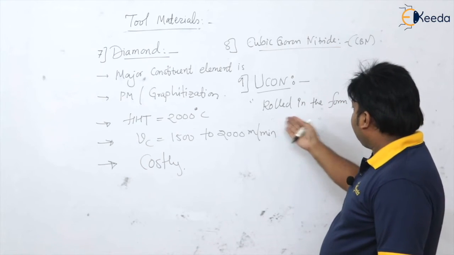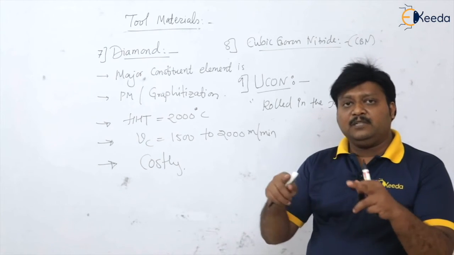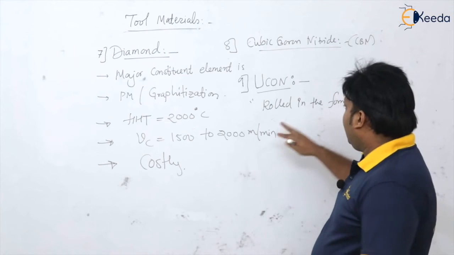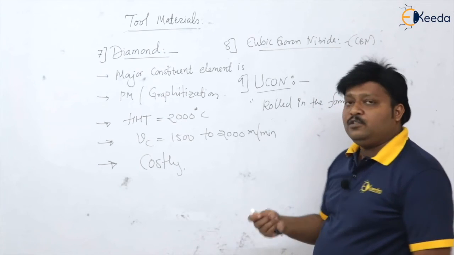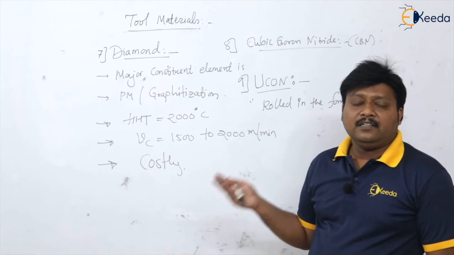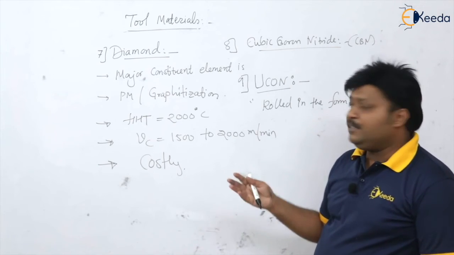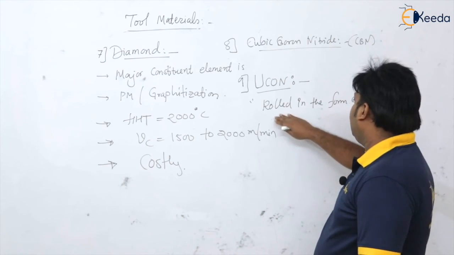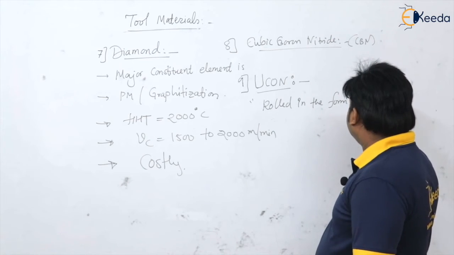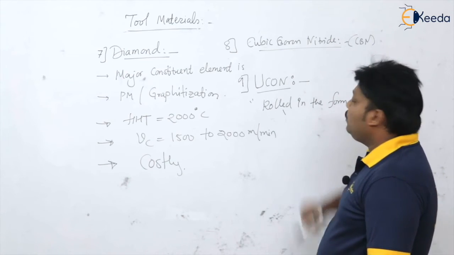Using that you can cut whatever shape you require for that insert, and you just use it and throw it away. So throwaway type inserts can be made from this sheet, which is made by a rolling operation.